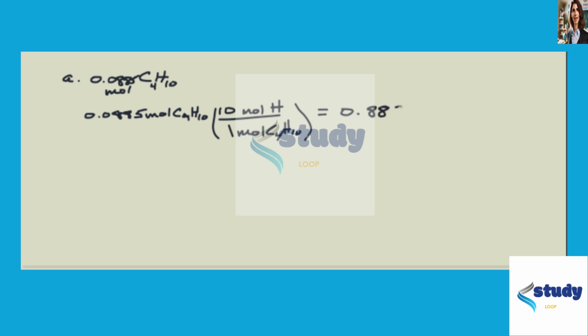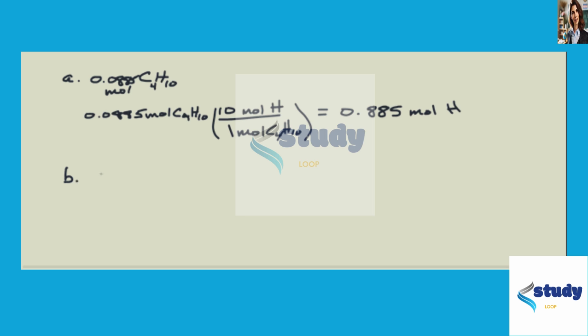So we're going to say, well, if we have 0.0885 moles of C4H10, there are 10 moles of hydrogen in every 1 mole of C4H10. So we're going to multiply 0.0885 by 10 over 1, and thus there are 0.885 moles of hydrogen in this sample. And we can do that with other substances too.